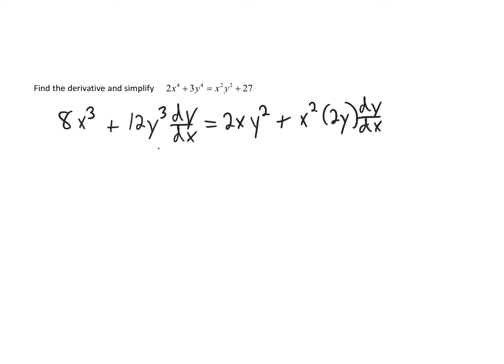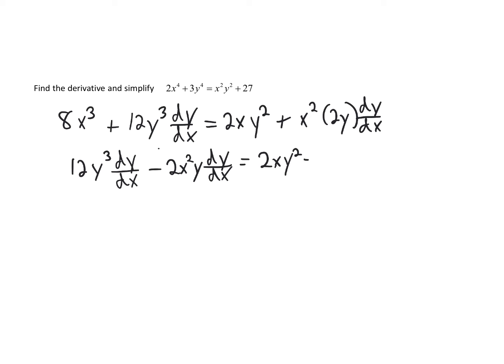From here, we get all the dy dx's to one side. And then everything else to the other side. We can factor dy dx out of the two terms on the left.